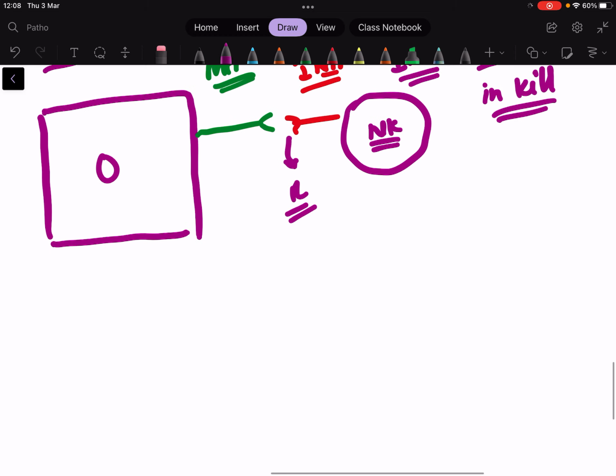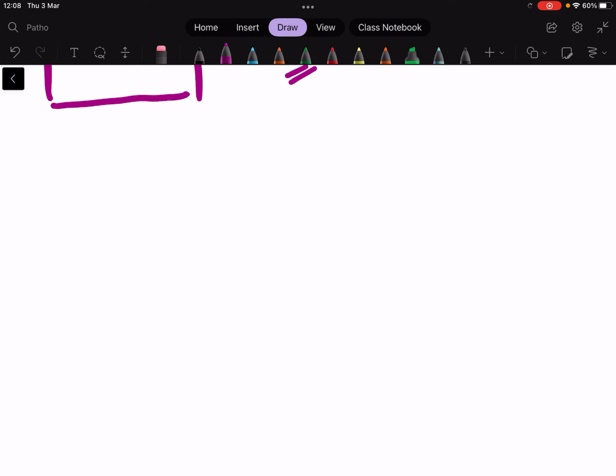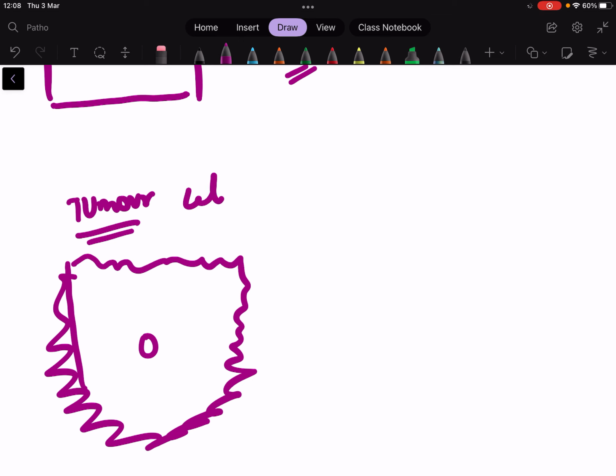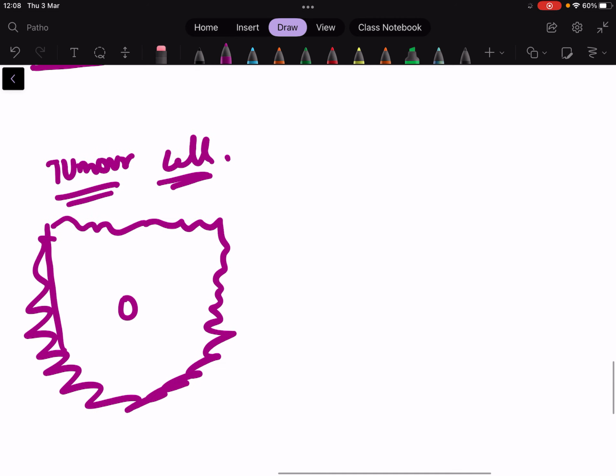Okay, whereas in the case of a tumor cell, what is going to happen, we will see. So suppose here is a tumor cell. It is a little bit proliferated, and this is a tumor cell. First of all, it will not have any MHC molecules present on it.